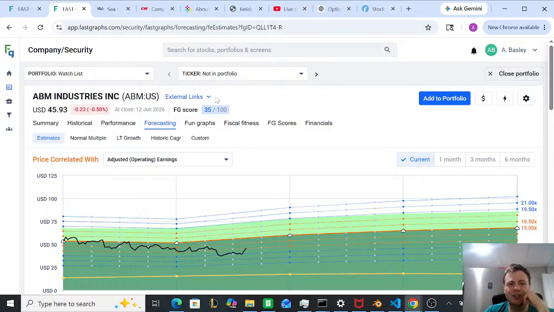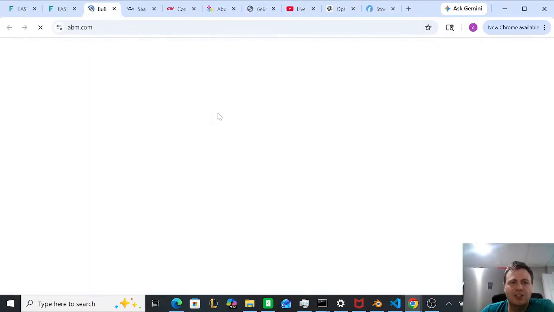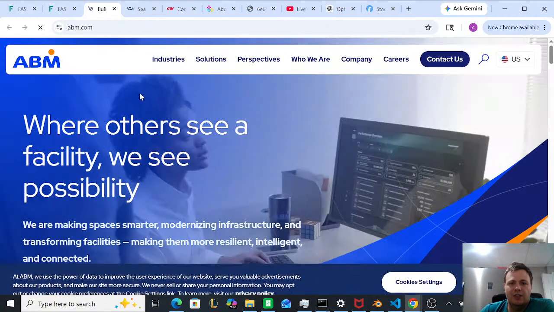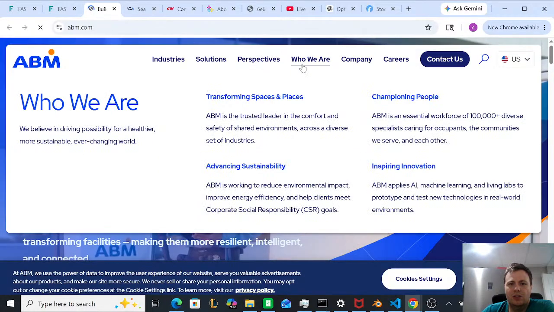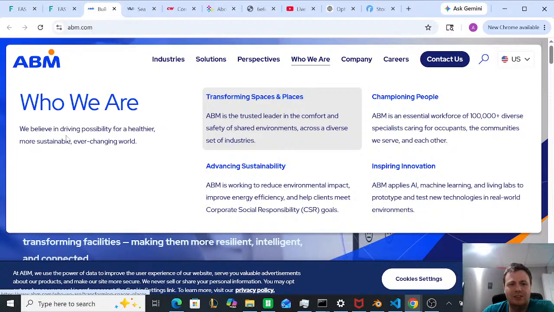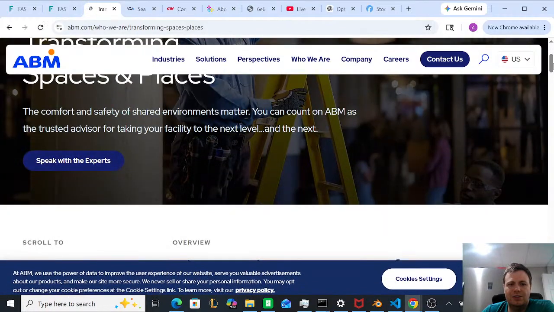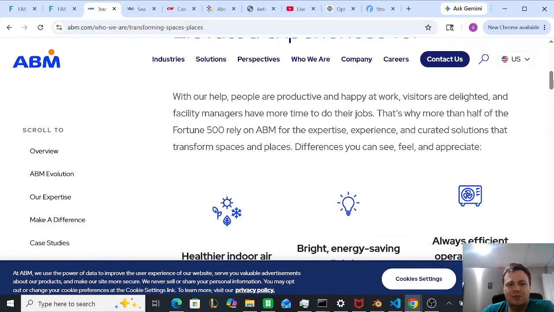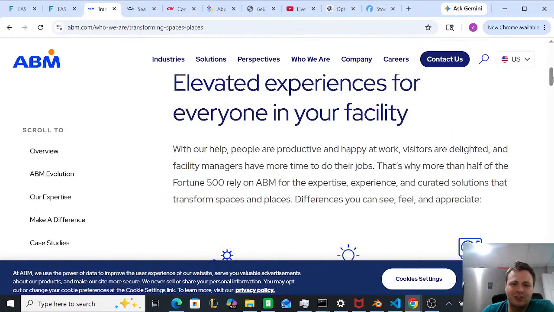This is another one. Okay, what do they actually do? Whatever specialty business services do. Solutions. Who are we? Transforming spaces and places. What does that mean? This might be a time where I should use ChatGPT to tell me what all these companies do.